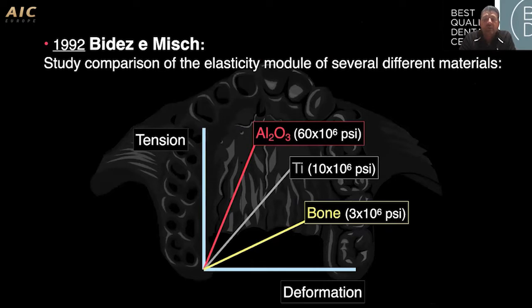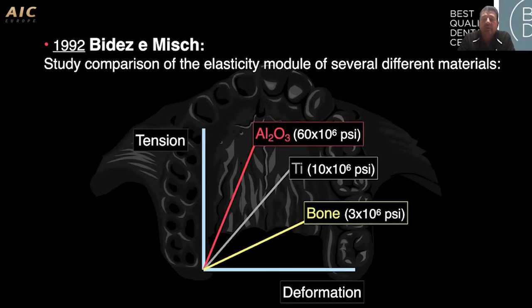And we know that the bone has a higher deformation and can be modeled more easily, and when we are applying some tension on the bone, we know that the bone is going to deform.